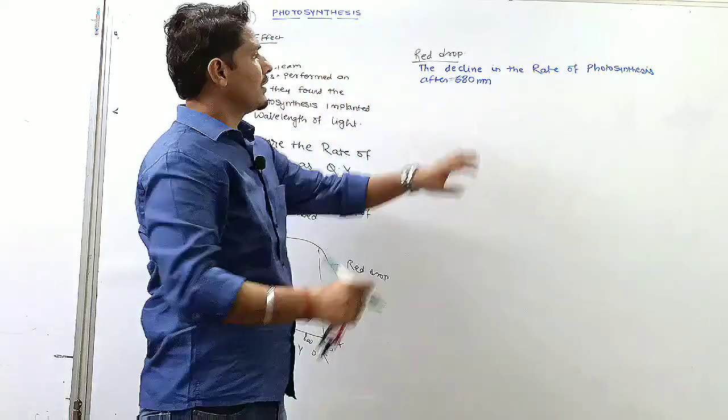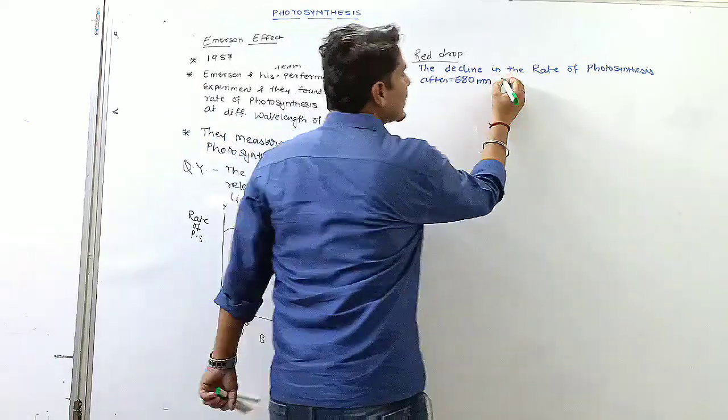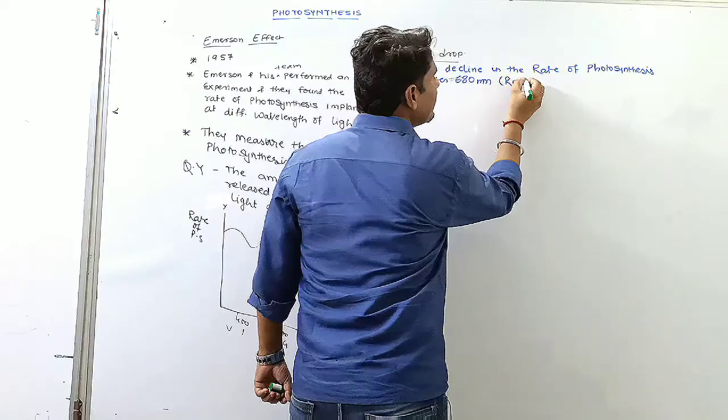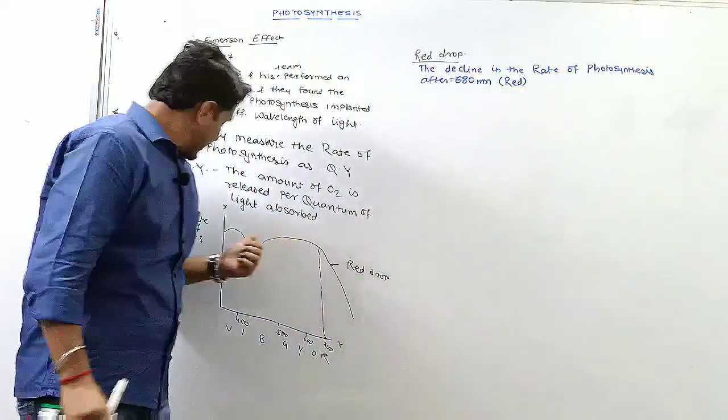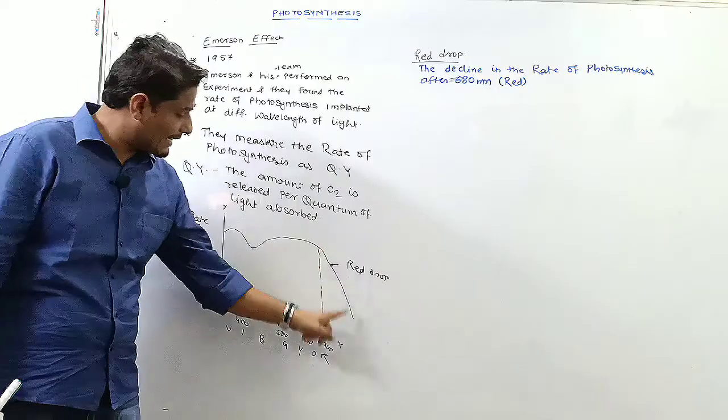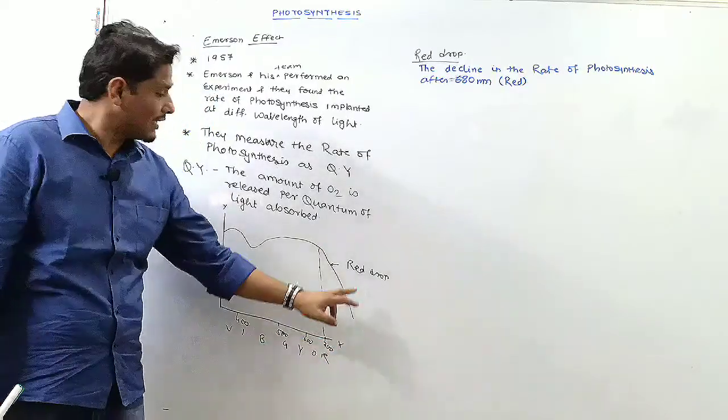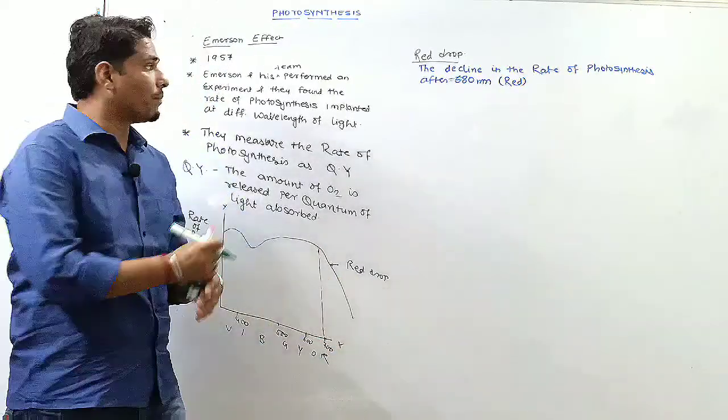After 680 nanometer means after red light. So the rate of photosynthesis declines after the red region, and that is called red drop.